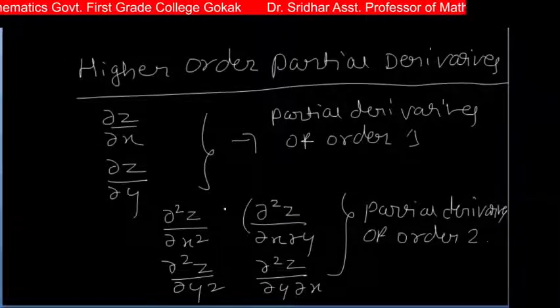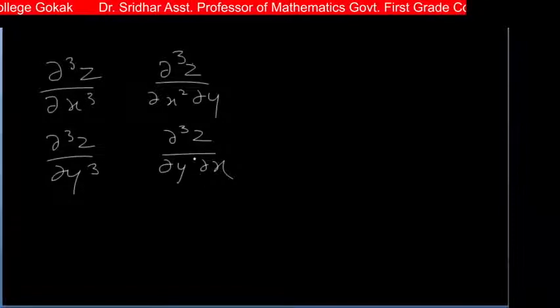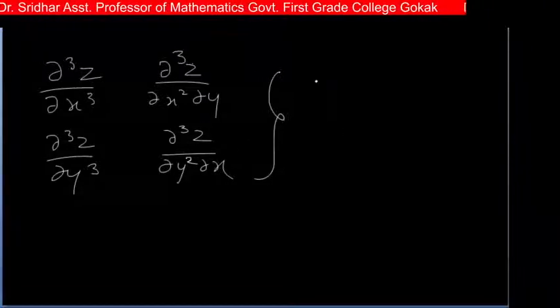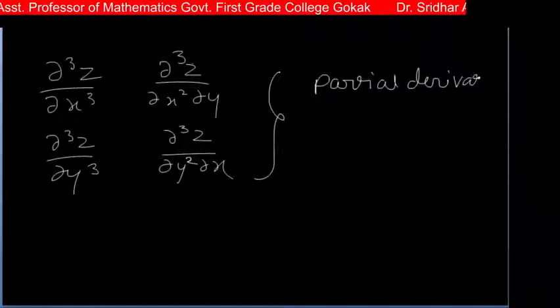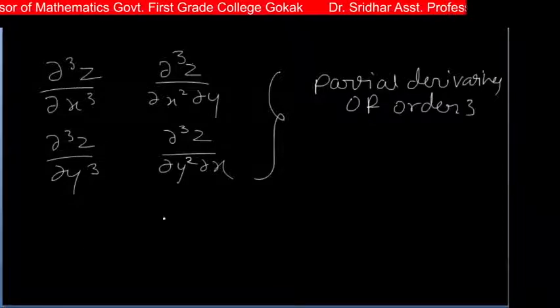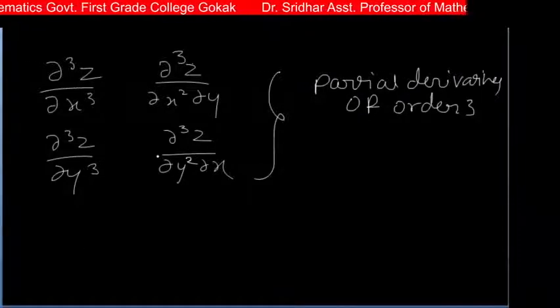And similarly, if you differentiate this with respect to y, then you will get dou cube z by dou y square into dou x. So these are partial derivatives of order 3. So these are known as higher order partial derivatives.